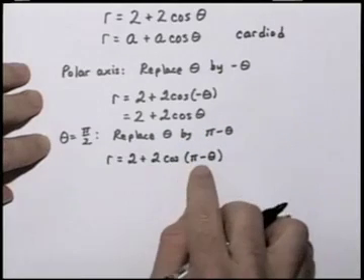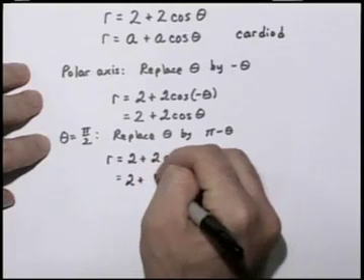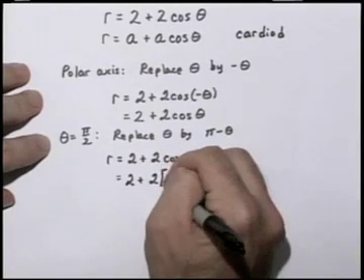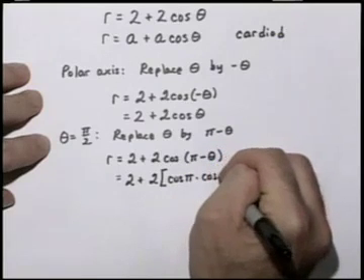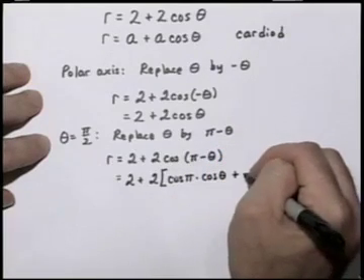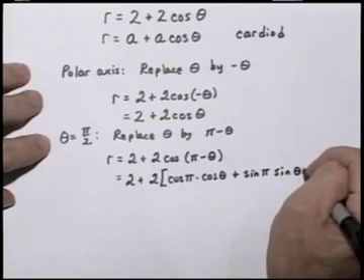So we have a cosine of the difference of two angles. We need to use that difference formula. That's going to be the cosine of the first angle times the cosine of the second angle plus the sine of the first angle times the sine of the second angle.